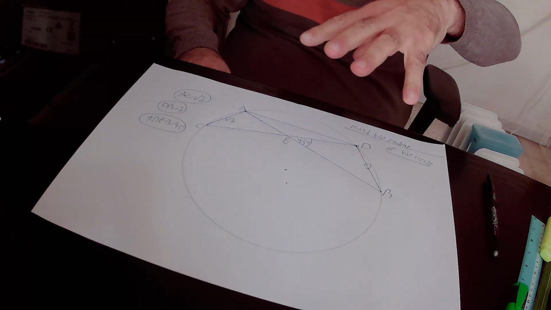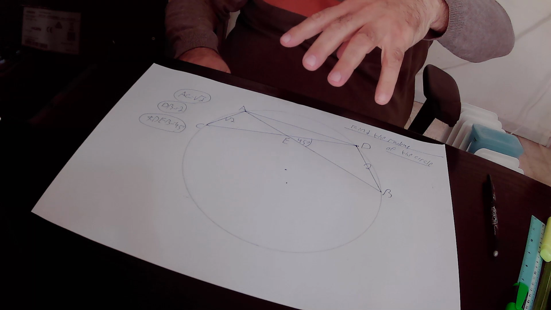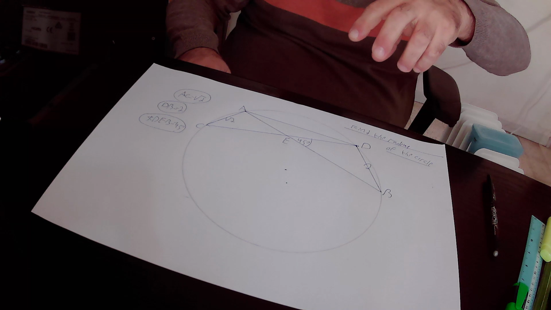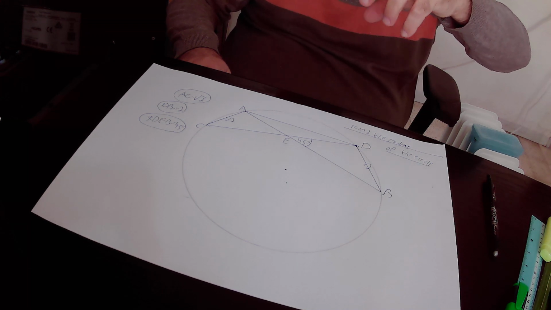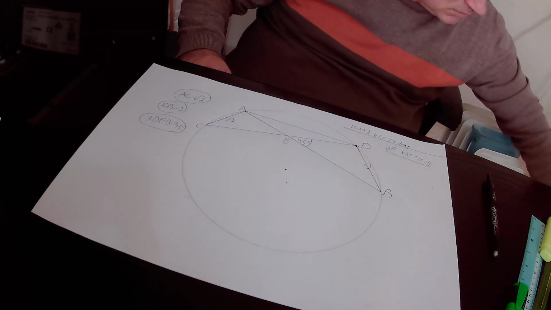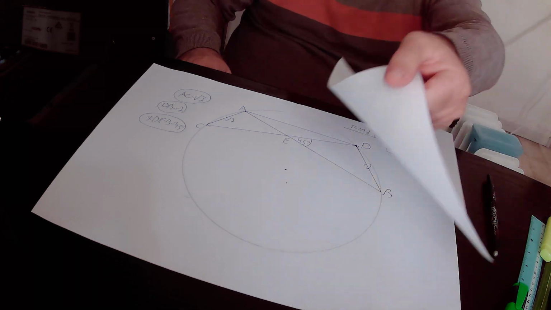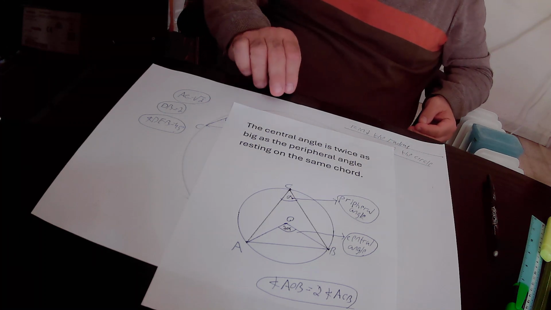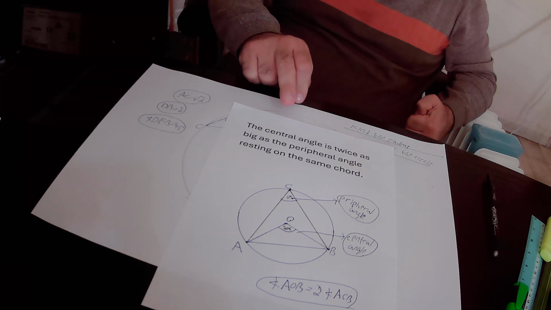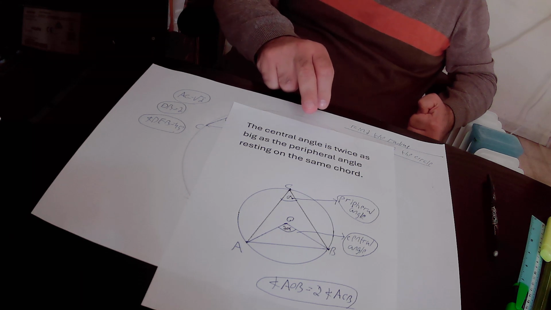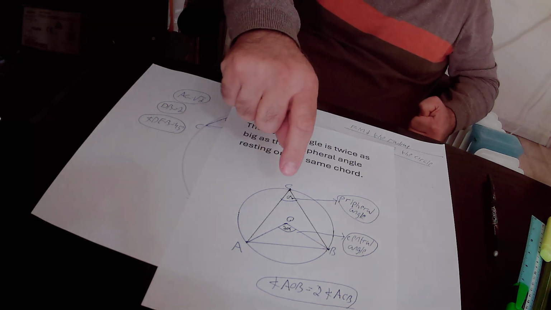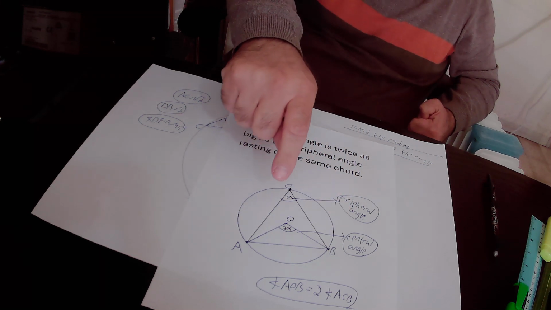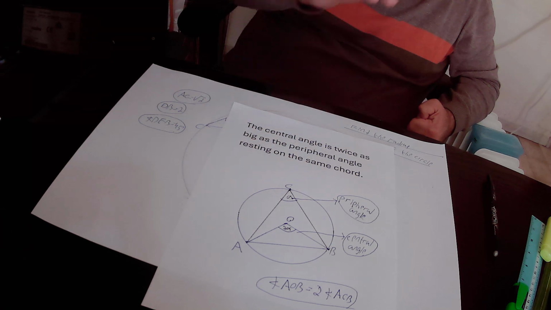So in order to find out the radius of this circle, we use two rules. The first rule is that the central angle is twice as big as the peripheral angle resting on the same chord. Here we have peripheral angle ACB that rests on chord AB and it is equal to alpha.